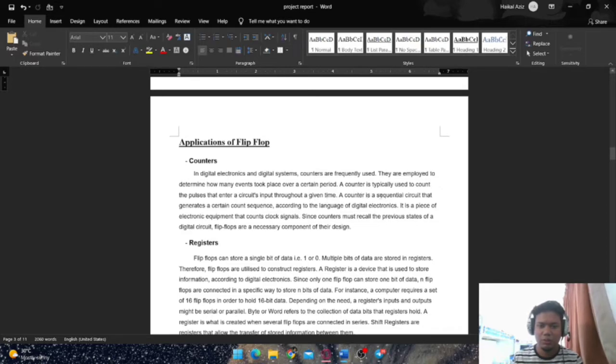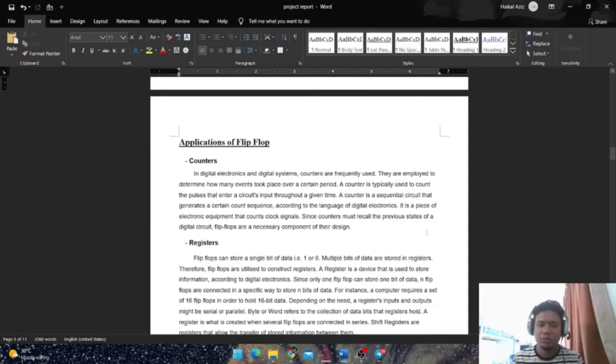A counter is a sequential circuit that generates a certain count sequence. In the language of digital electronics, it is a piece of electronic equipment that counts clock signals.